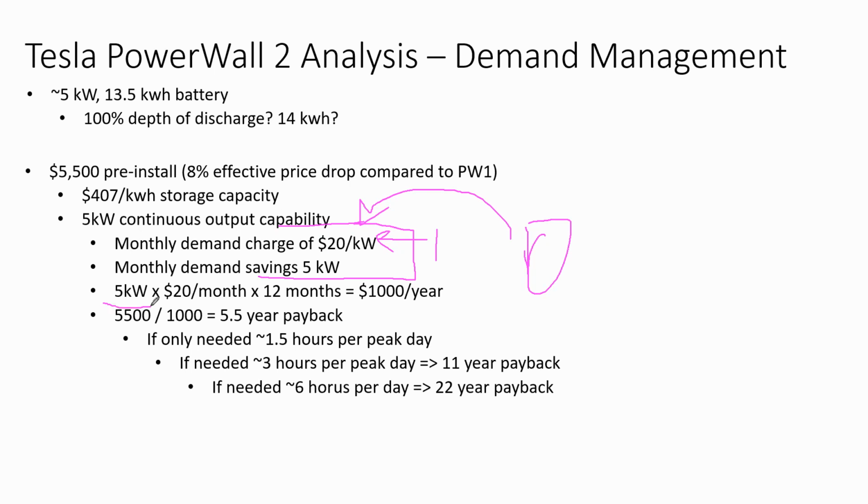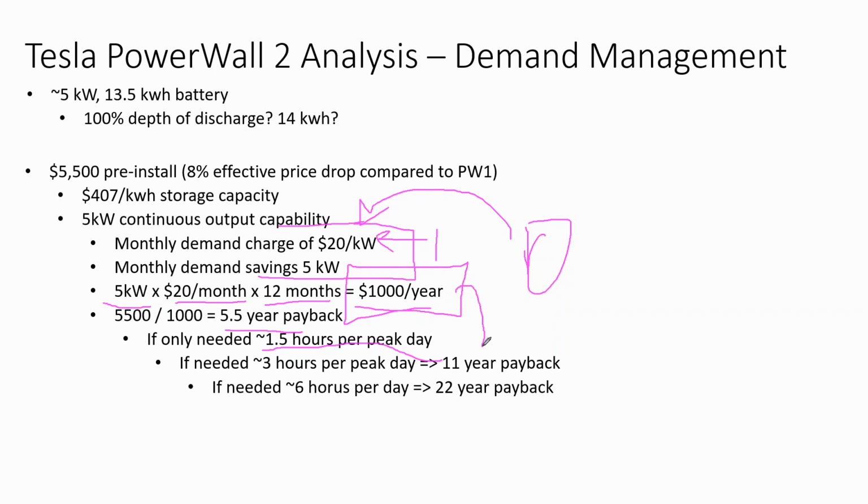And so at $5 a kilowatt, for $20 a month, for 12 months a year, at a maximum I could save $1,000 a year. If I only need to run that for 1 hour a day, or even less, I could get a 5-year payback.